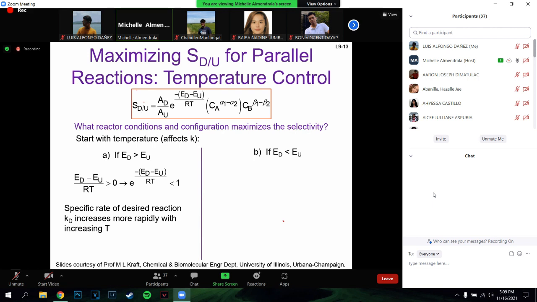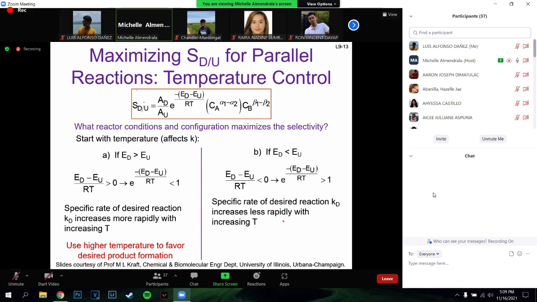So that way you can actually specify. For case one, you have to use higher temperature to favor desired product formation. For case two, just a summary, use lower temperature to favor the desired product formation, but not so low that the reaction rate is so tiny.